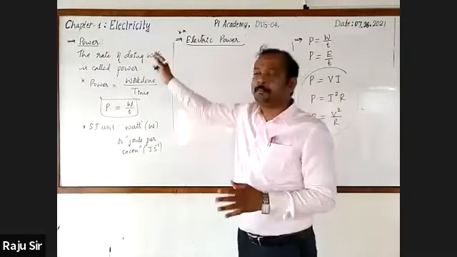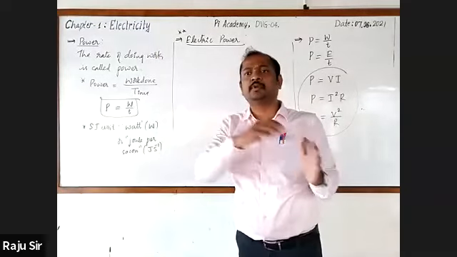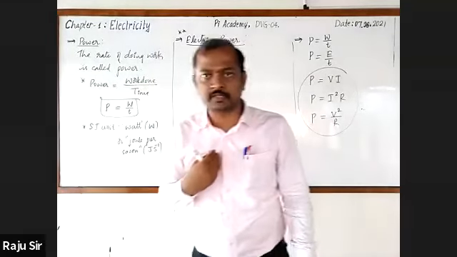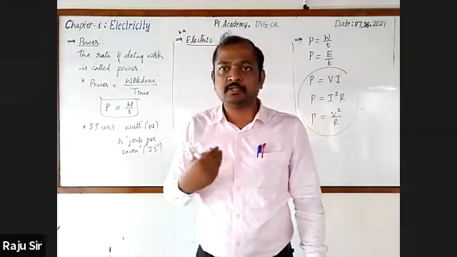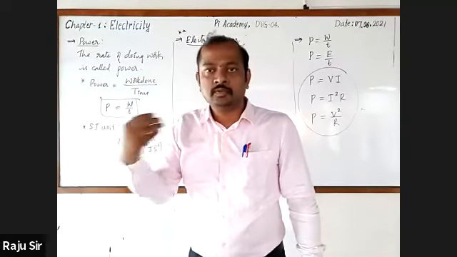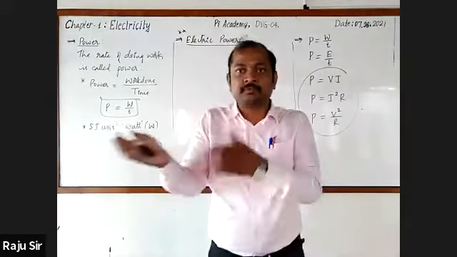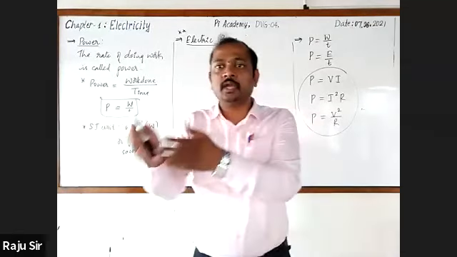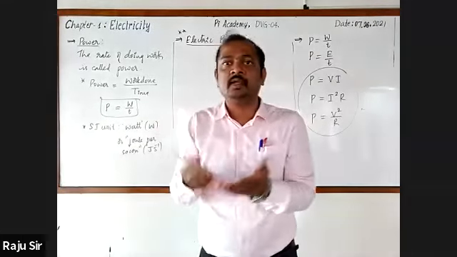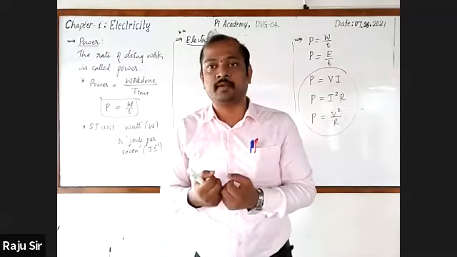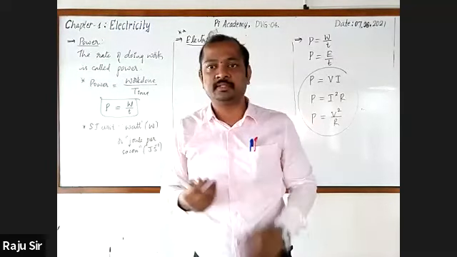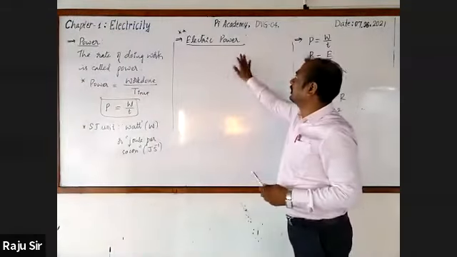And power is the general term used for all, even for us. The capacity to do work differs from one person to another. Whoever can do the given work early, we say that they have more power. Like this. That's the difference.